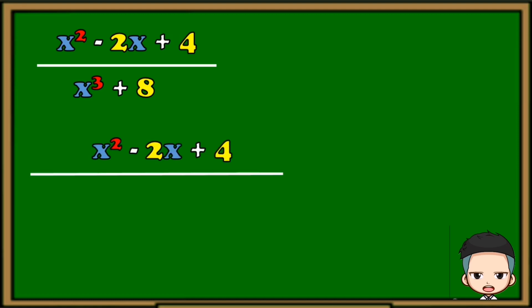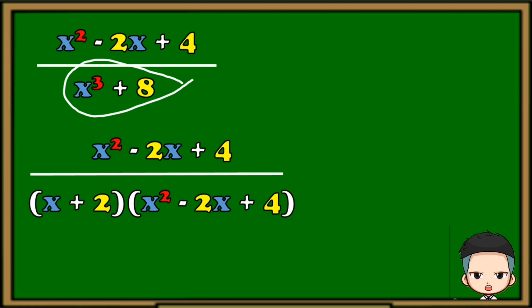For the denominator here, x cubed plus 8 is an example of sum of two cubes. And the factored form of x cubed plus 8 is the quantity of x plus 2 multiplied to the quantity of x squared minus 2x plus 4.